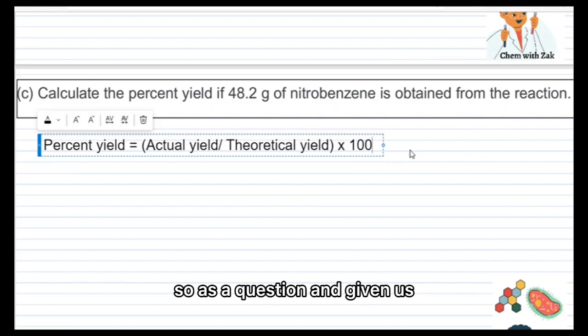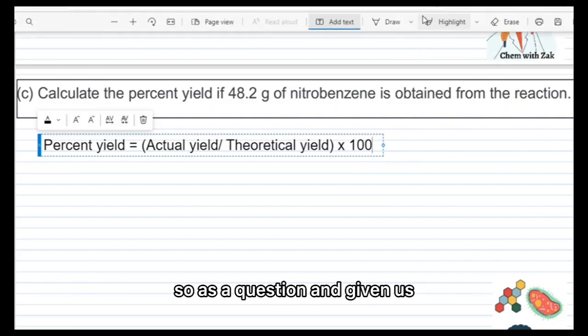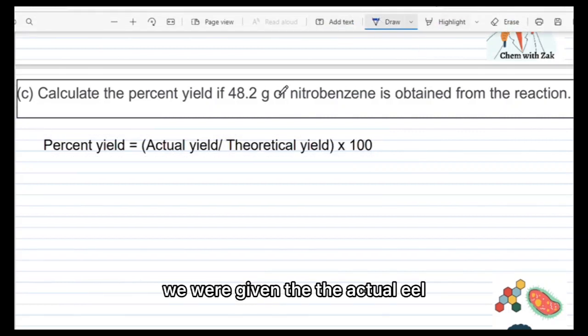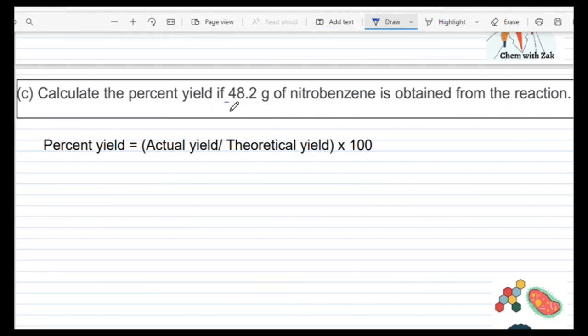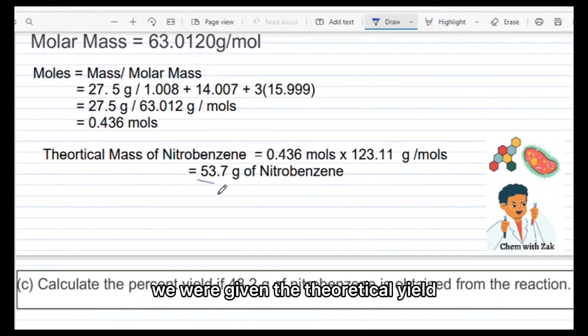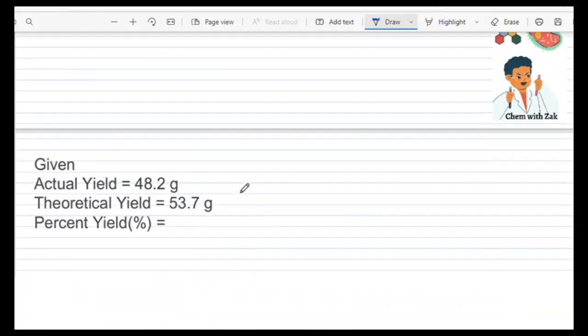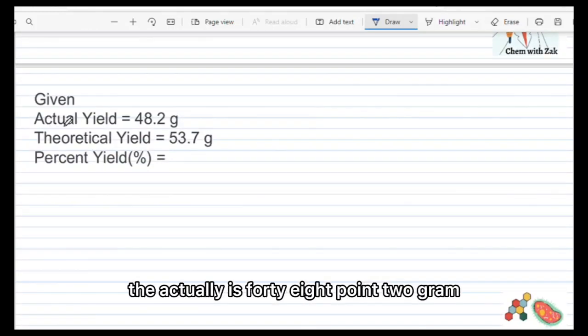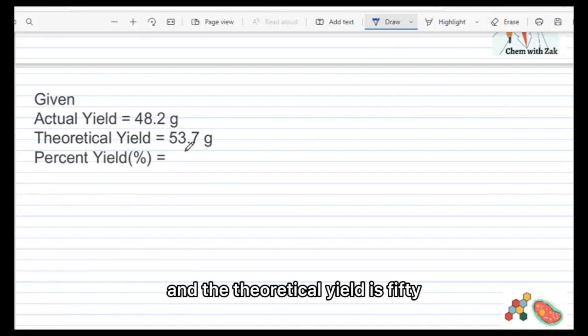As the question has given us, we were given the actual yield, and from the last question, we were given the theoretical yield. As you can see right here, the actual yield is 48.2 gram, and the theoretical yield is 53.7 gram.